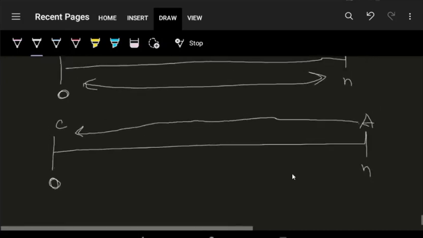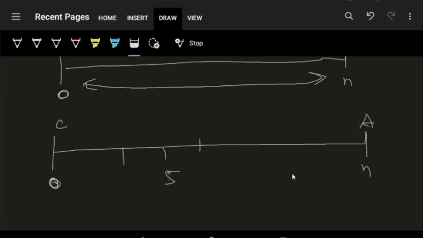So this is the difference between accumulation and deaccumulation or discounting. It is not necessary that discounting has to stop at time 0. You can stop it at any time. Suppose I stop at time 5. I start from A, come back, and stop at time 5.